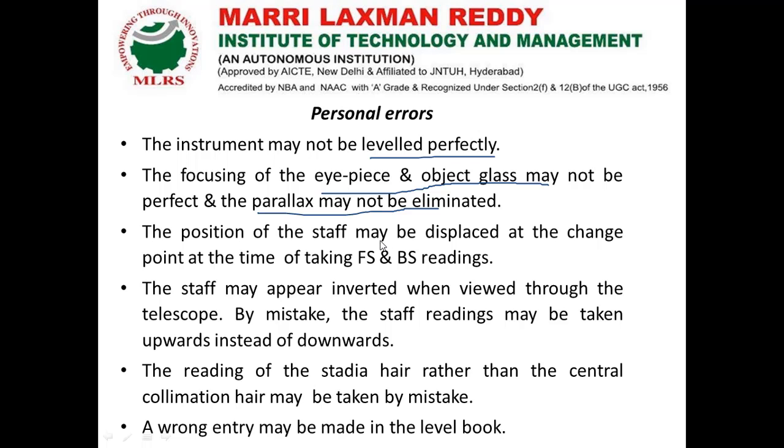The position of the staff may be displaced, so we cannot get the foresight and backsight readings properly. We may not maintain the verticality of the staff, and there can be inverted staff readings, where instead of reading from bottom to top, we read from top to bottom. That is the error due to manual handling.